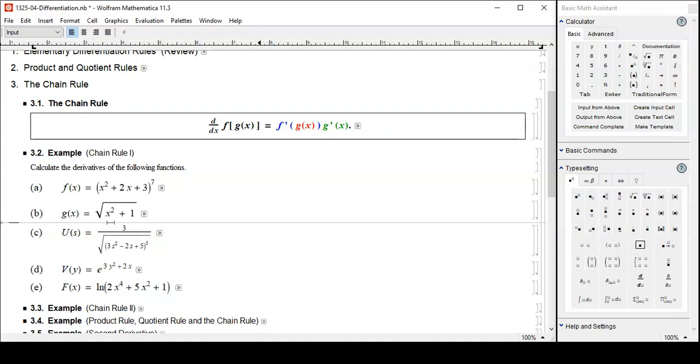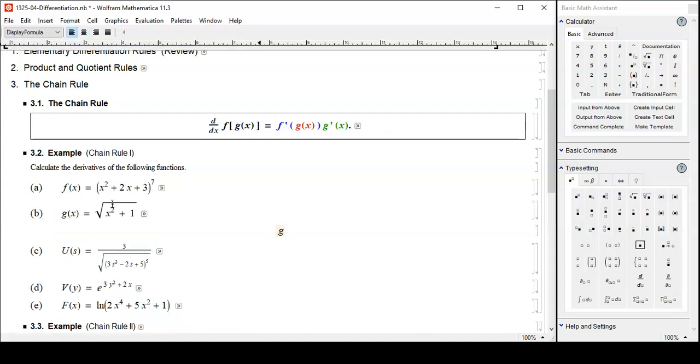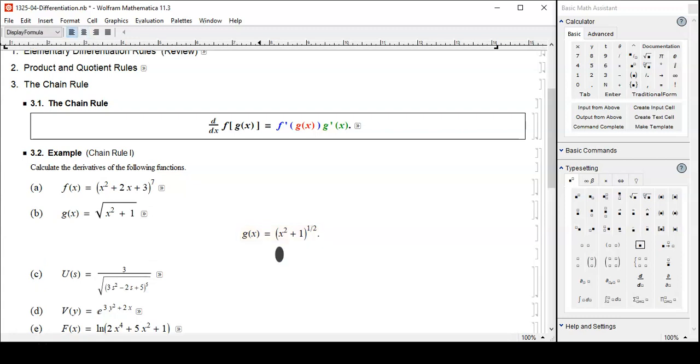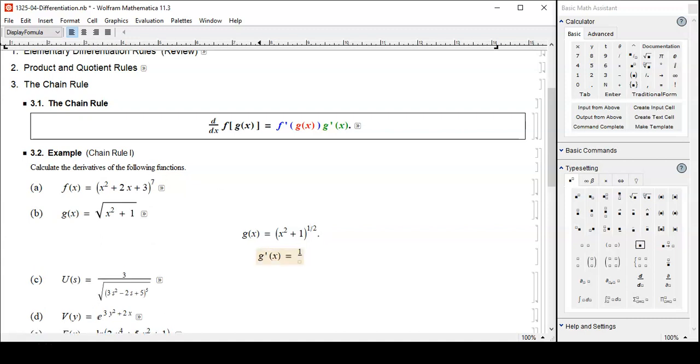How about the next problem here? G of x is x squared plus 1 to the 1/2 power, because square root is 1/2 power function. So if you take the derivative function, what is it? Outside first. Outside is 1/2 power function. So 1/2 comes out.